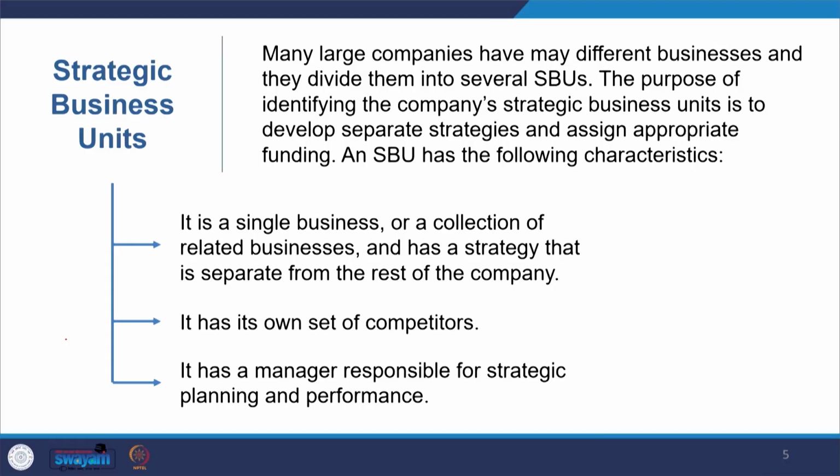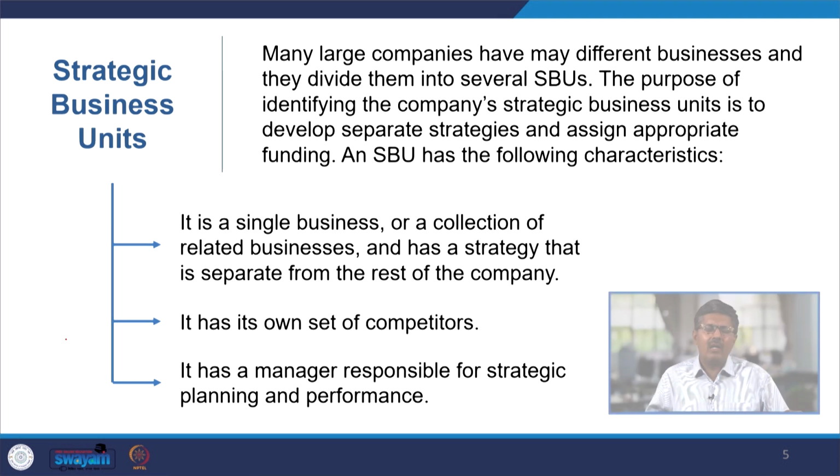So, how do you define SBUs? It is a single business or a collection of related businesses, with a strategy that is separate from the rest of the company. For example, the overall strategy of the company can be one, but L&T Finance, L&T Software or L&T Engineering may have their own individual targets, goals, and vision and mission statements.